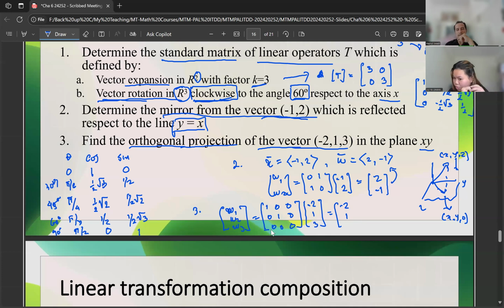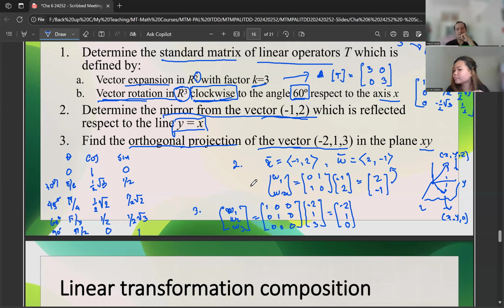In the third row, because it is multiplied by 0, it will be 0. So this is the result. The projection will be -1, 1, and 0.